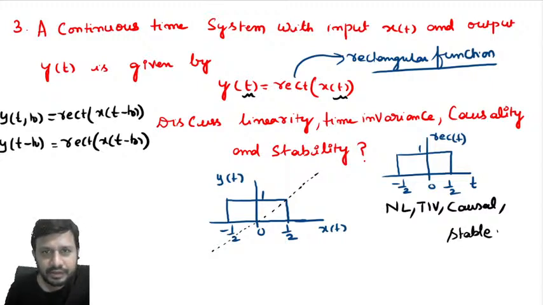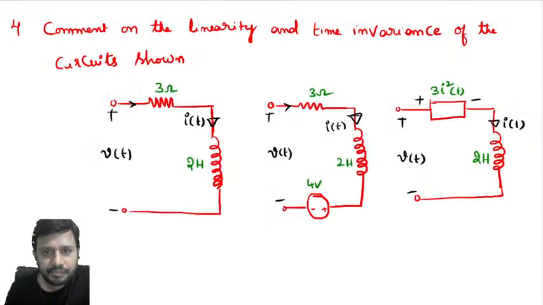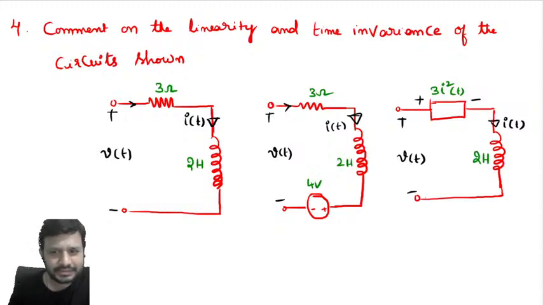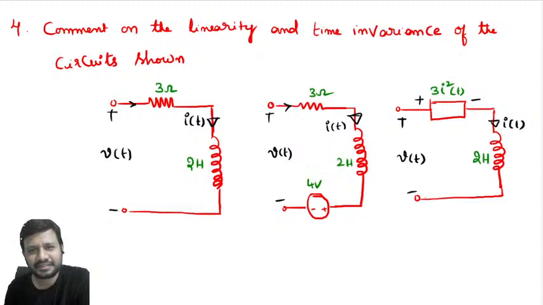Fine. Next question. This is not a networks question, this is our question only. Comment on the linearity and time invariance of the circuits shown. I've given you 3 circuits. You must comment on the linearity and time invariance.